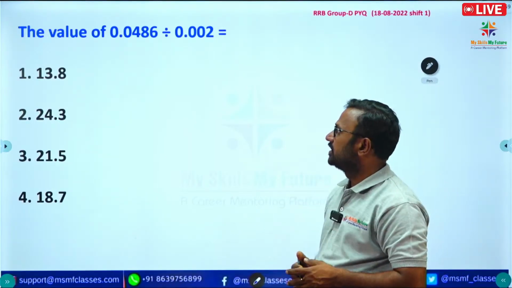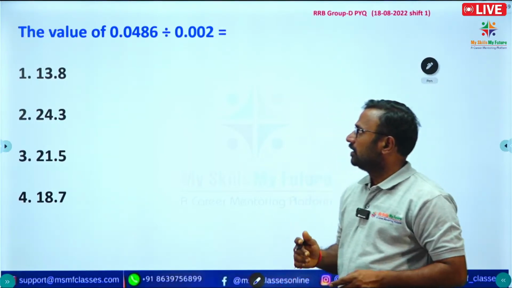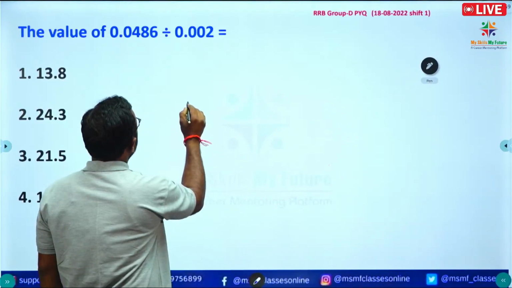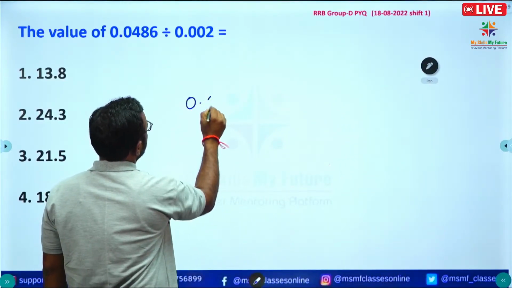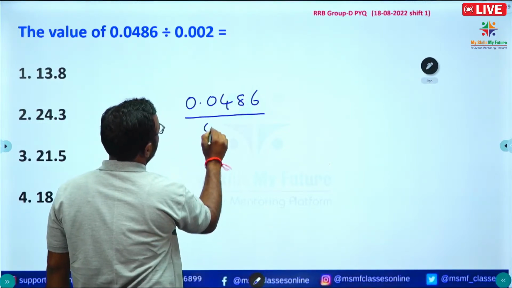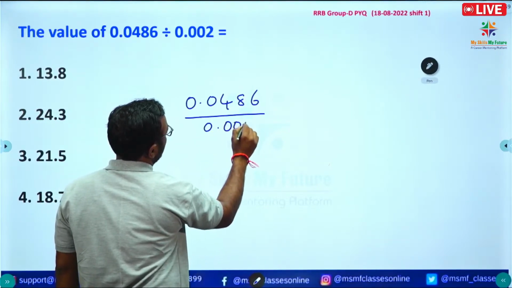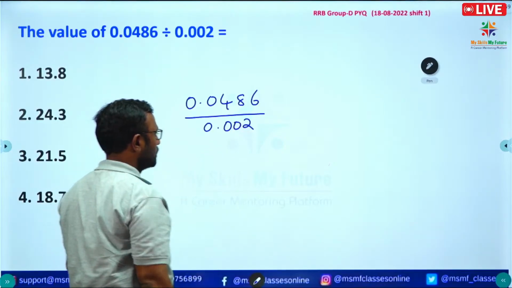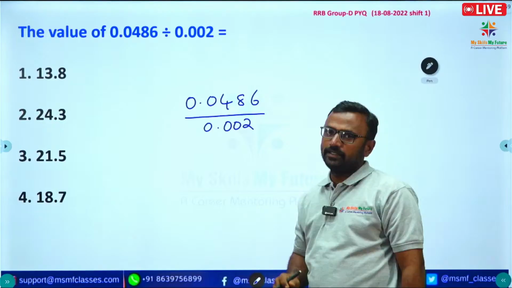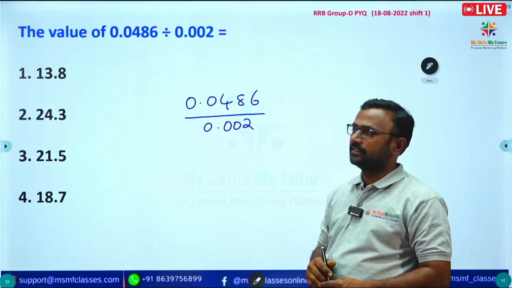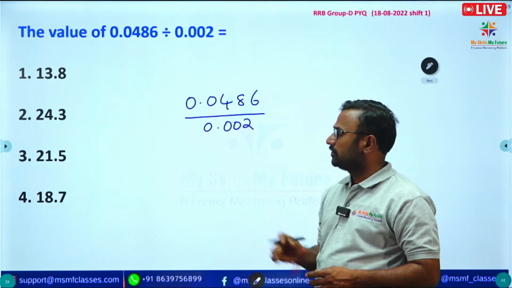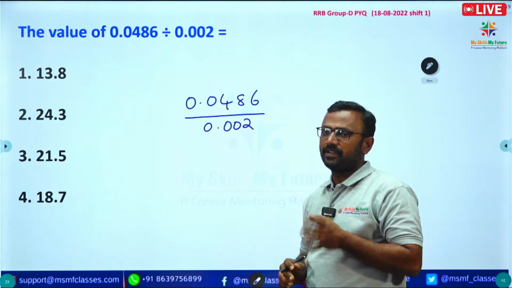See the question. It is a somewhat easy question. The value of 0.0486 divided by 0.002. What is the value? Option 1 is 13.8, option 2 is 24.3, option 3 is 21.5, option 4 is 18.7.